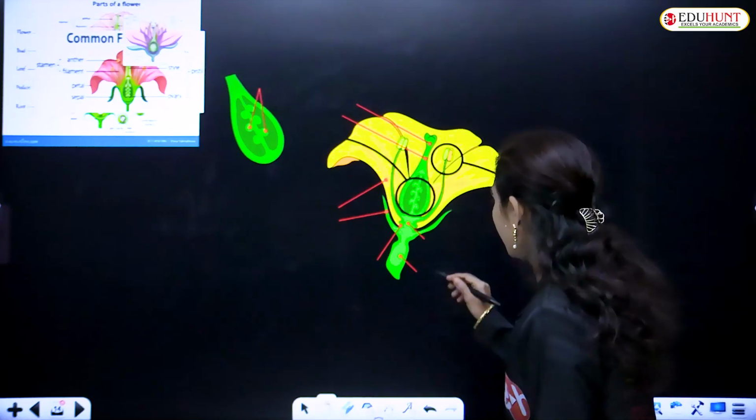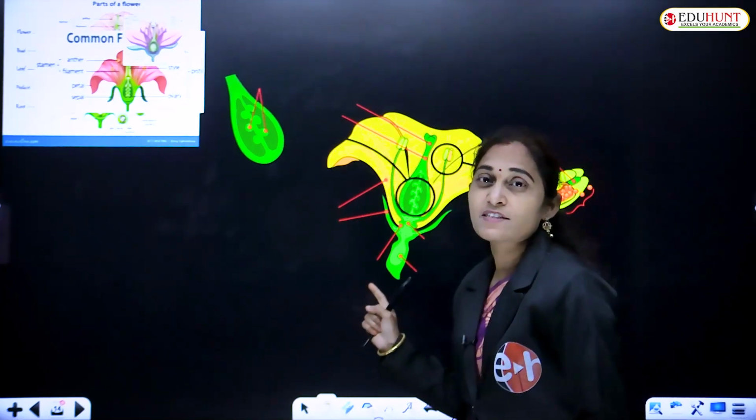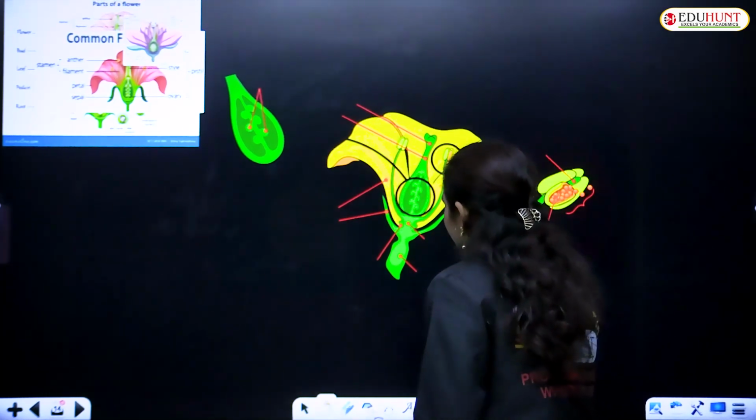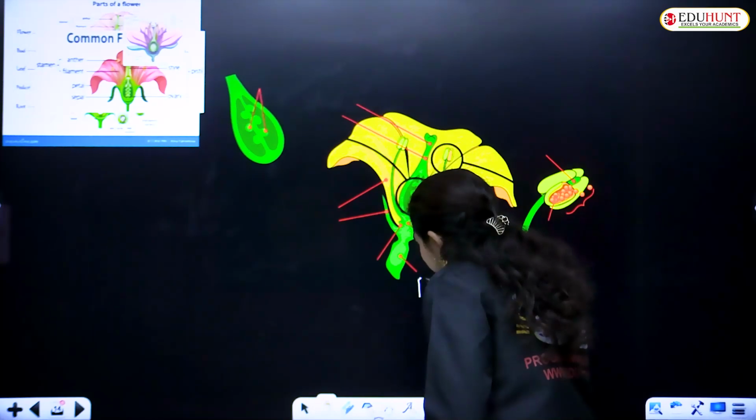Let's label it. What part of the flower is this? Yes, it is the stalk, the pedicel.